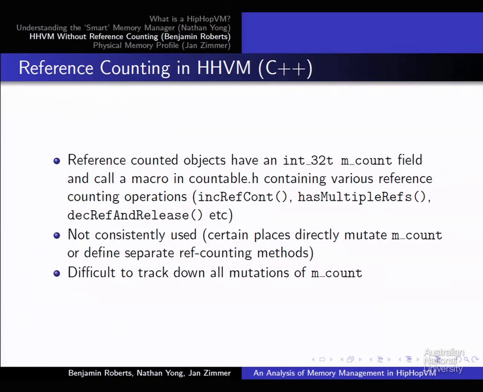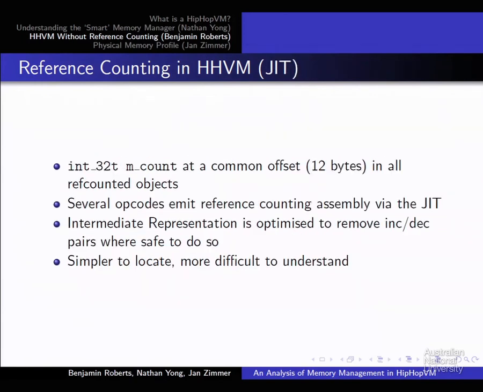Again, like Nathan said, they don't quite consistently use their own APIs, so there are many places in the code where, instead of using this nicely defined API, they just directly mutate the reference count, which causes problems because you end up having to track down and grep all these special cases.